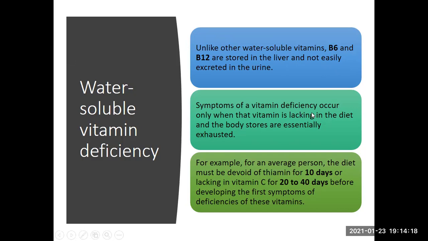Symptoms of vitamin deficiency occur only when the vitamin is lacking in the diet and the body stores are essentially exhausted. يعني مو رأسا يصير عندنا deficiency ثاني يوم. مثلا thiamine, absolute deficiency of thiamine from the diet, and then after 10 days the symptoms will start. While for vitamin C, it takes 20 to 40 days of a vitamin C free diet.